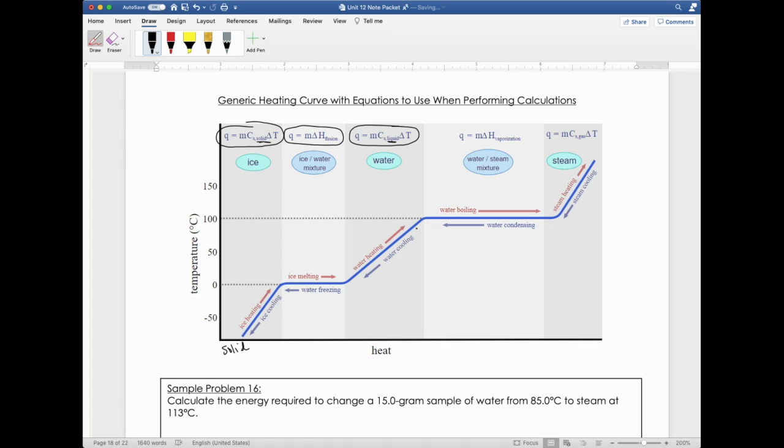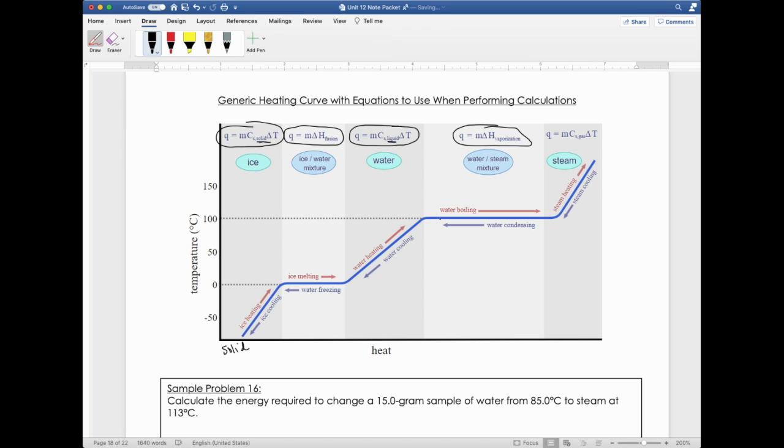Once all of my sample has reached its boiling point, I can then boil that material. But to find how much energy is required to boil, I have to use this other equation: Q equals M times the enthalpy of vaporization, another constant for water, for anything really.